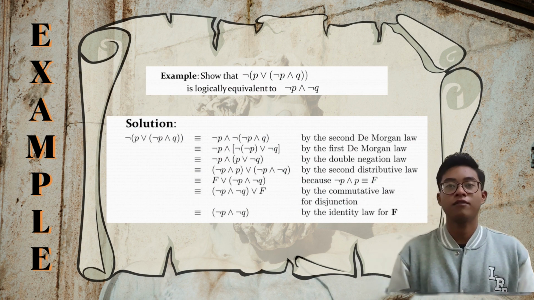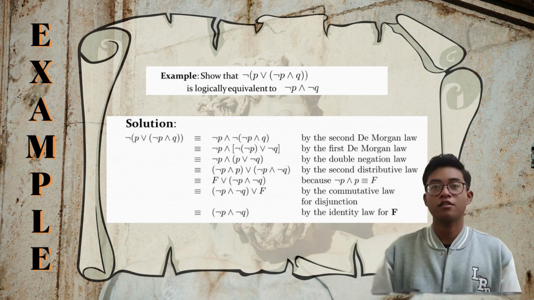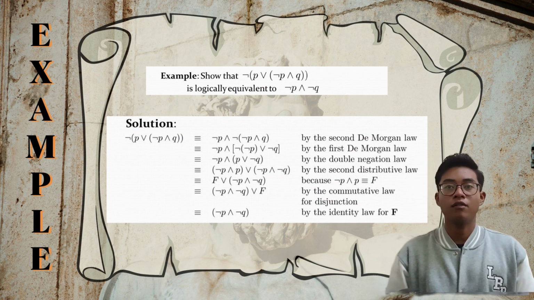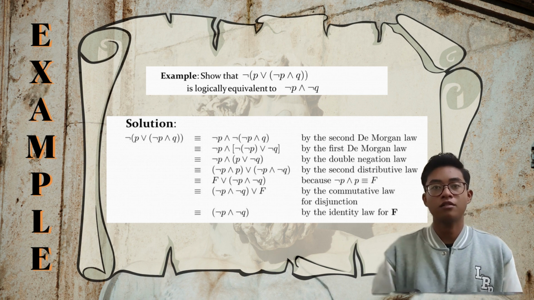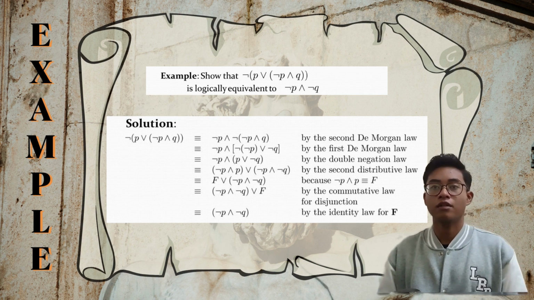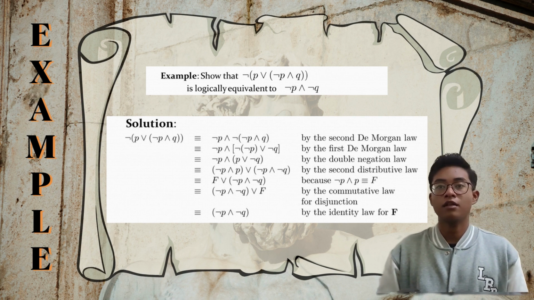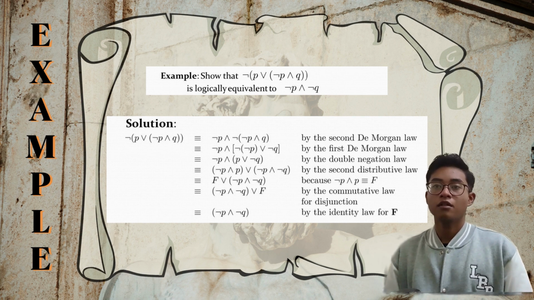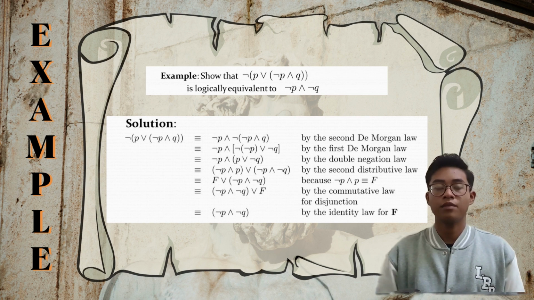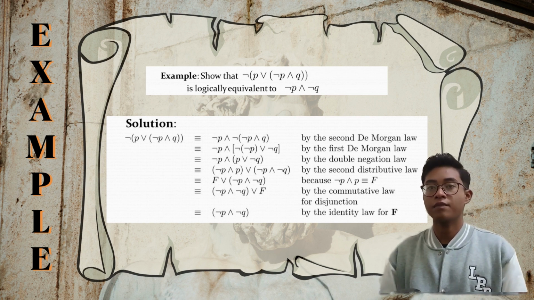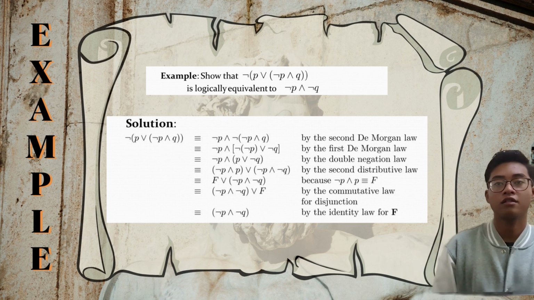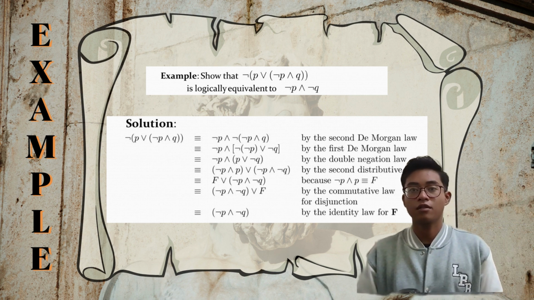So, for the next example, show that the negation of (P or Q) is logically equivalent to negation of P and negation of Q. For the first step, using De Morgan's law, we have negation of P and negation of P and Q. Next, negation of P and (negation of P or negation of Q) by the first De Morgan law.